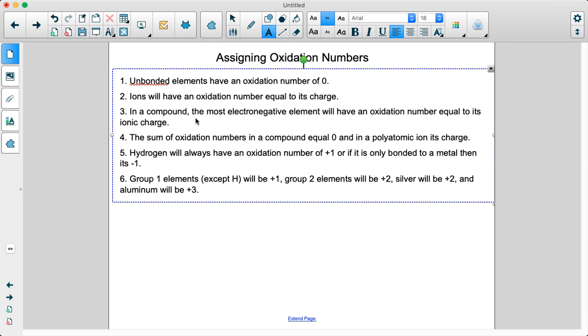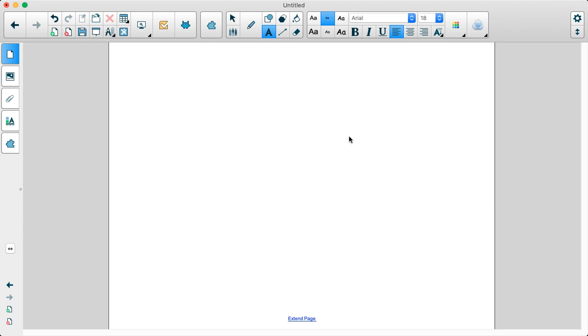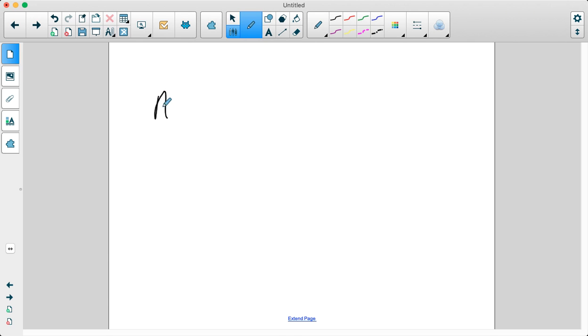So let's go through just a few examples. I'll give you an equation. We'll assign the oxidation numbers, and I'll reference these rules as we go through the equation. So here's our example. We'll just make one up.